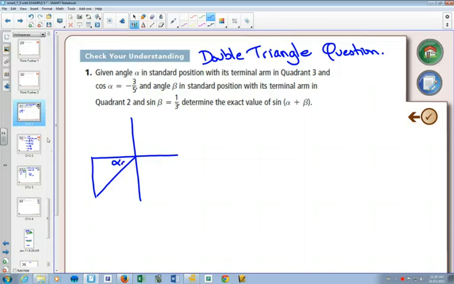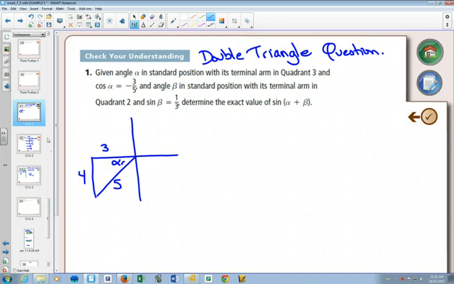There's our alpha reference angle in quadrant 3. And if we know that cos of alpha is -3/5, well, cos is adjacent over hypotenuse. You know this side was 3 and this side is 5. A squared plus b squared equals c squared, or maybe you recognize the triangle: 3, 4, 5. Very famous triangle.